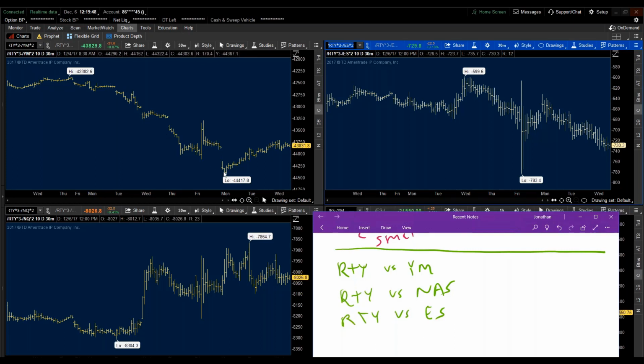So right now, if you were to do a trade based upon just simple mean reversion, you'd want to be long the Russell and short the Dow. On this chart here, Russell against S&P.